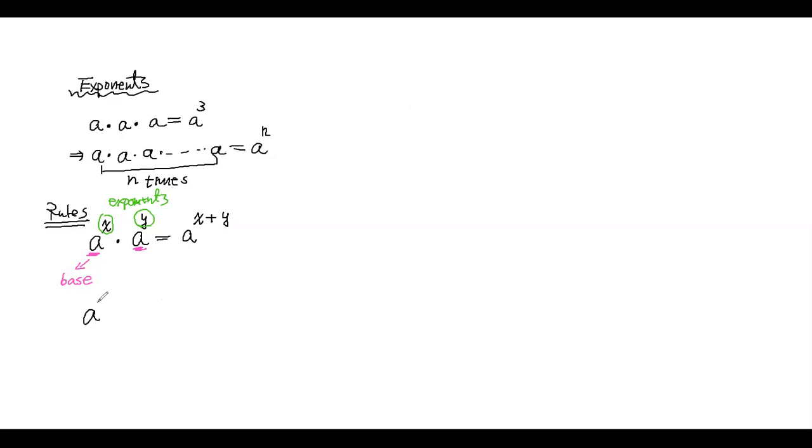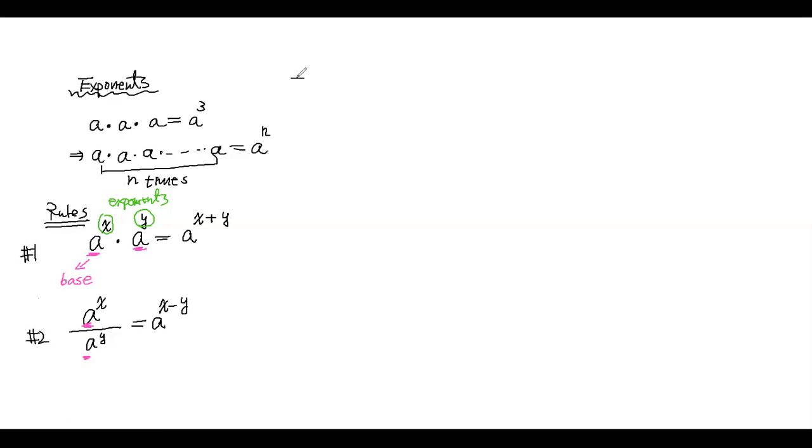Now how about if you divide the 2 numbers? If A to the X is divided by A to the Y, where the A and A are the same base, this will become A to the X minus Y. So this is rule number 1 and this is rule number 2.